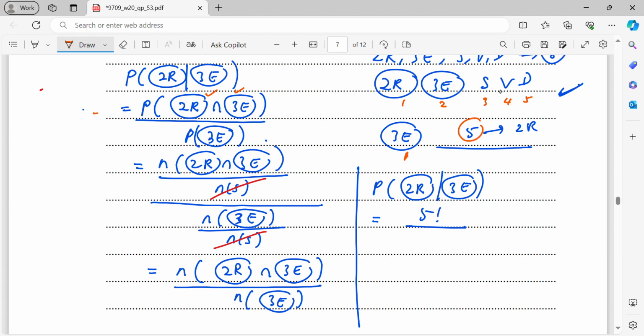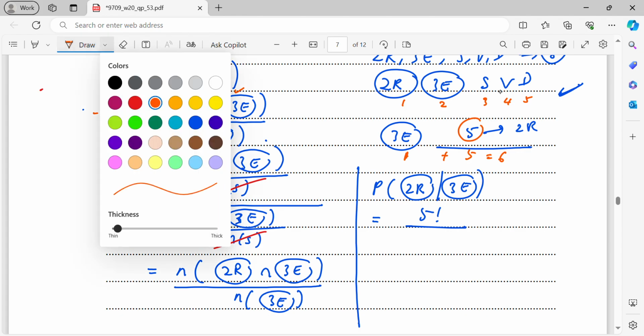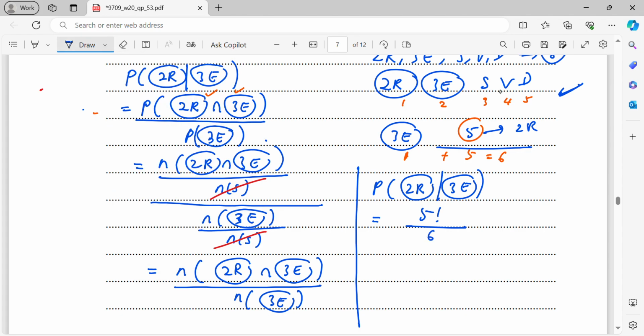That means now it will be 6 in total, 1 plus 5 is 6. So I arrange these 6 letters, but out of 6 I have 2 R's, so I have to divide by 2 factorial. Therefore, this is going to be 120 over 360, and at last you get 1 over 3. So that is the solution of this question.